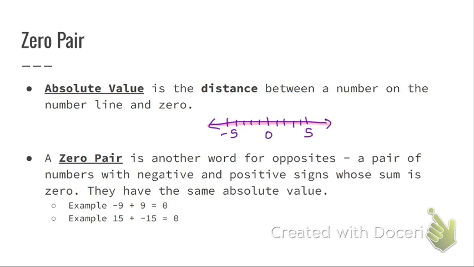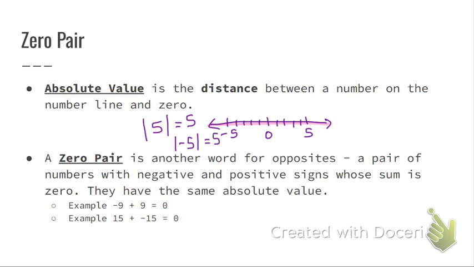It's like saying, how far is it from 0? But I don't really care which direction. So absolute value, we also see that written with some bars. So this would be read as the absolute value of 5, and it would be 5. But the absolute value of negative 5 is also 5.